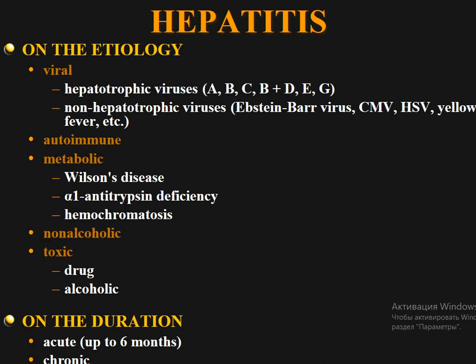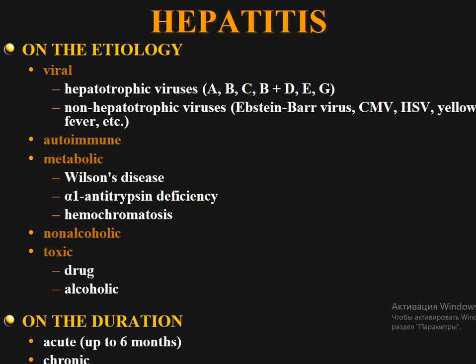Classification of hepatitis is based on the etiology, so we distinguish viral, hepatotropic viruses and non-hepatotropic viruses. We distinguish autoimmune hepatitis, it's not so rare, and you remember that very commonly we can see association of multiple autoimmune diseases in the same patient.